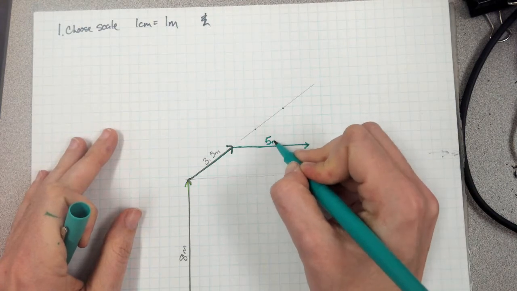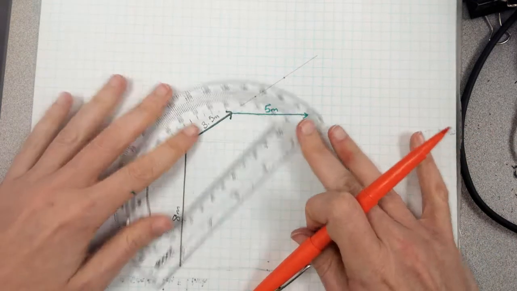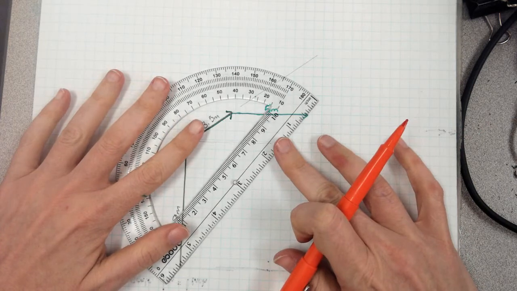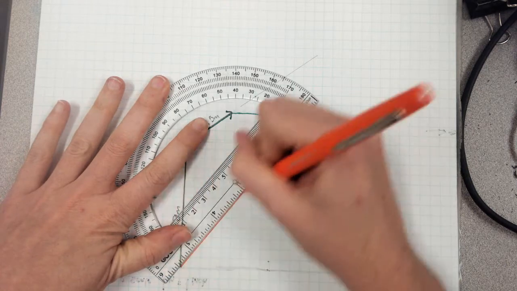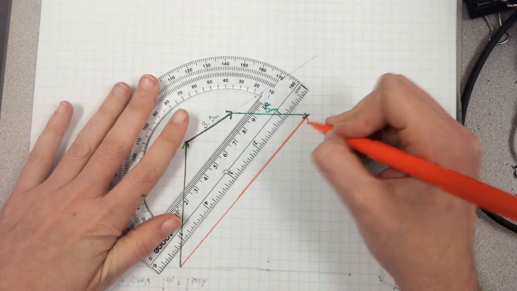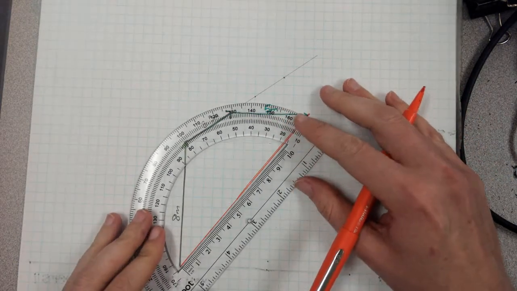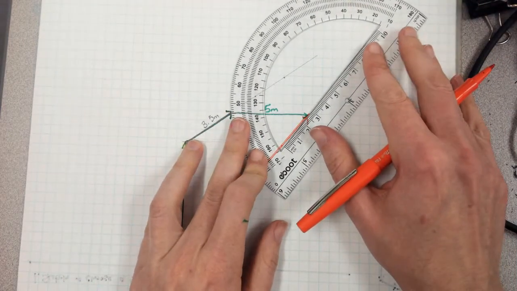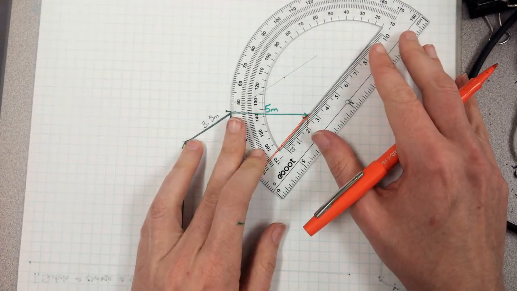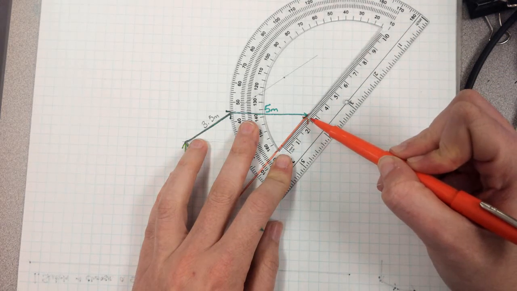And now that our drawing is to scale, we don't have to do a single bit of calculation. All we have to do is measure. So we've got this here. So that's still our resultant, just like before. And now we need to measure. So that's 10 centimeters there. And then that's 12.5.